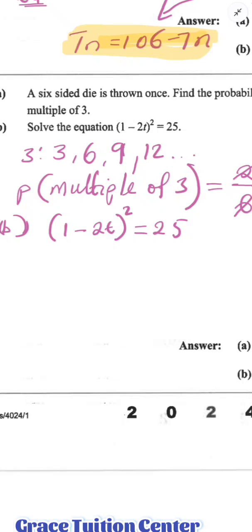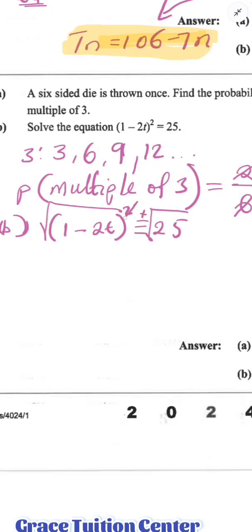So to solve this equation, the first thing you're going to do is just introduce the square root both sides so that you can get rid of this power 2. So here, square root, here, square root. But don't forget to put plus or minus on this side. Don't forget to put the plus or minus.